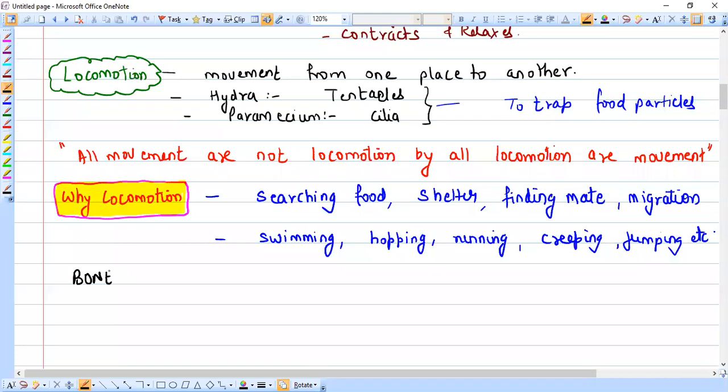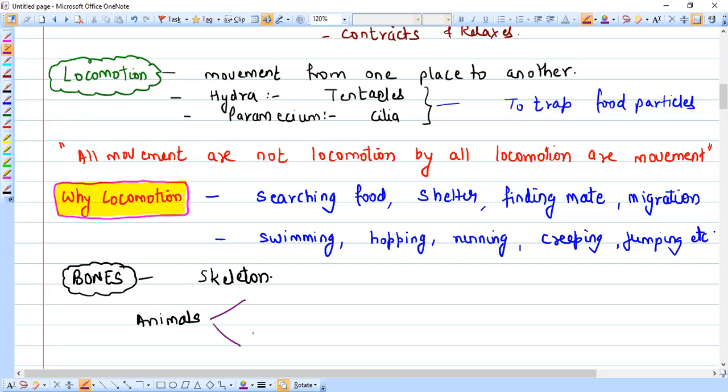Now the moment I use this word bones, it is connecting me to only one word, that is skeleton. All the animals that are available on this earth have only two types of skeleton.